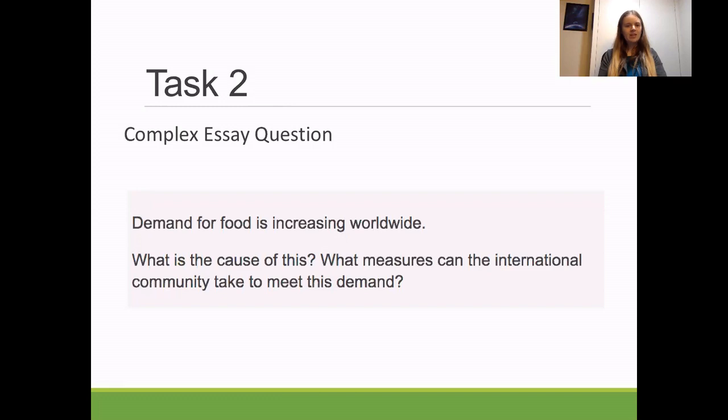Another example, demand for food is increasing worldwide. What is the cause of this? What measures can the international community take to meet this demand? So this one doesn't have a lot of questions in it, but it's not a simple give your opinion or benefits, drawbacks, or advantages, disadvantages. So you have to cover the cause and what can the international community do to meet this demand.